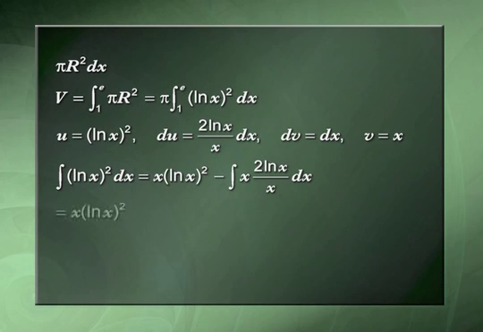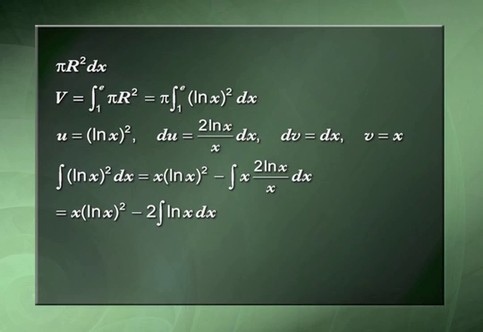The first part is still x times (log x) squared, and then the second part is minus 2. The 2 comes flying out. The x's cancel, and you're left with the integral of log x dx. So we've reduced the problem of integrating (log x) squared to the problem of integrating log x.